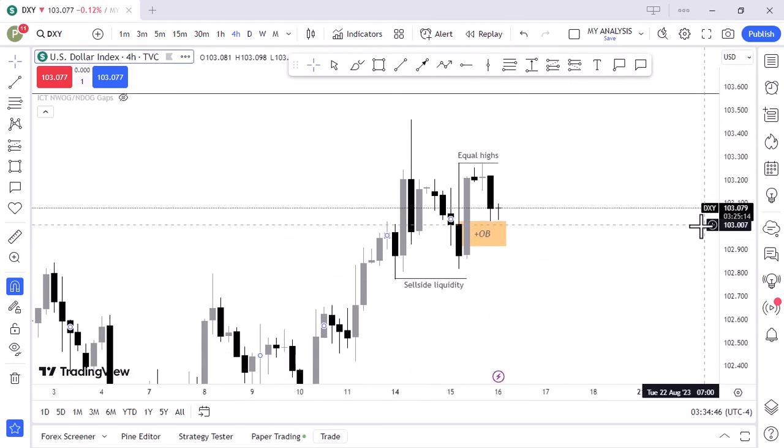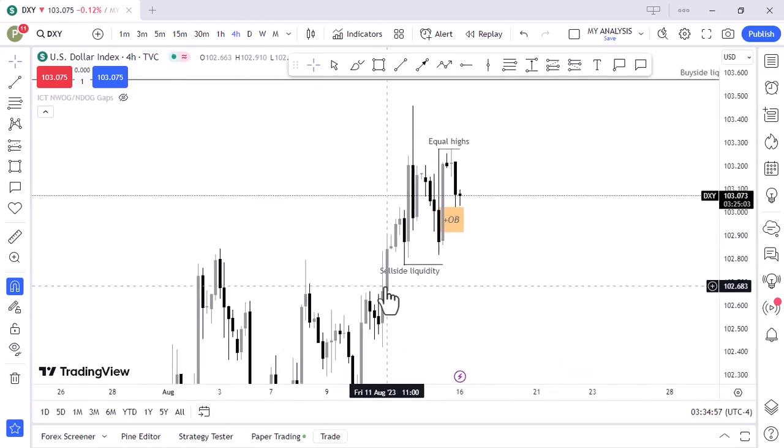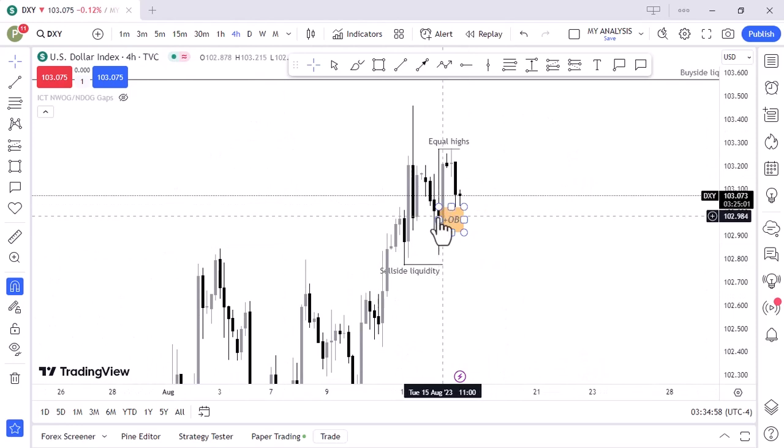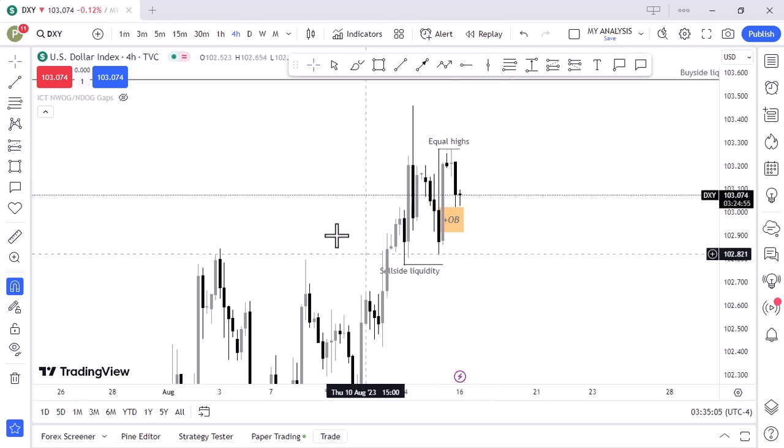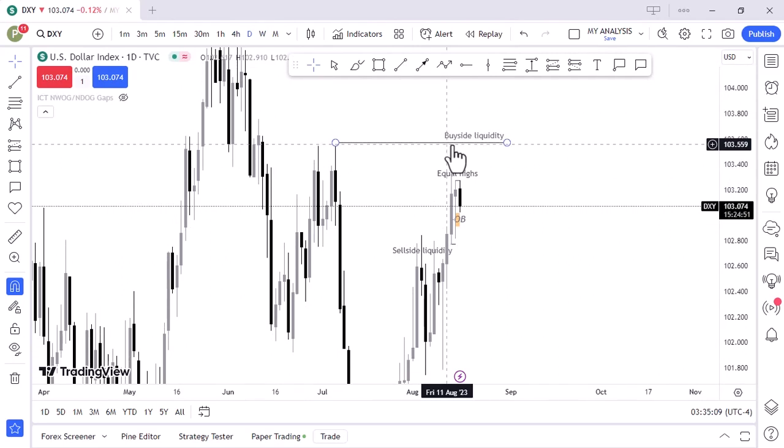For me to be comfortable selling Aussie USD, I need to see the dollar gaining strength. I need to see higher prices on the DXY. That's what happens. On the DXY, I was expecting price to come into the order block and then give us higher prices, because up there is a buy side liquidity.